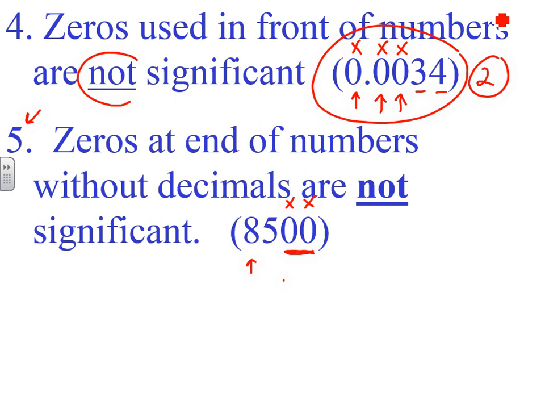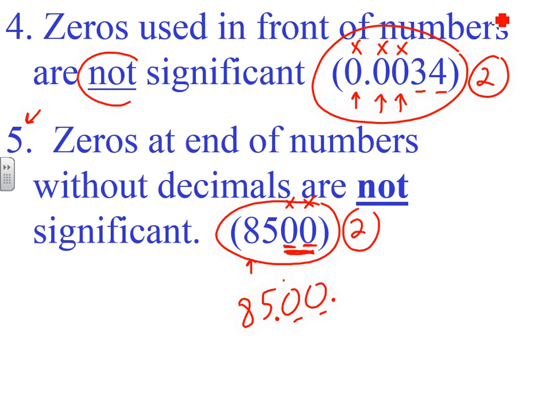Because we don't know these zeros precisely, they are not considered significant. If you were to place a decimal point somewhere in here, or at the end, automatically that makes these zeros significant. Because there is no decimal place, we only have 2 significant figures in this case, just the 8 and the 5. Those are the rules.